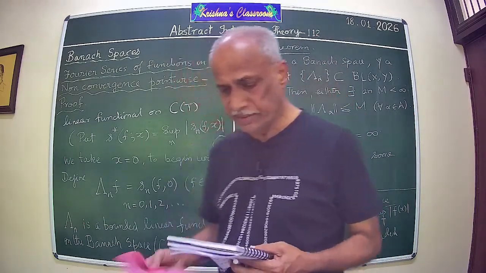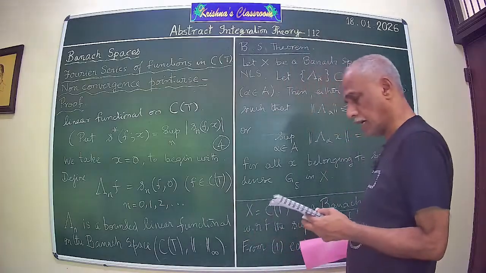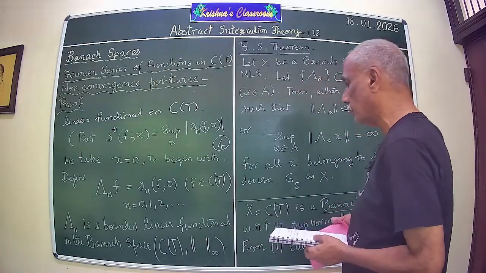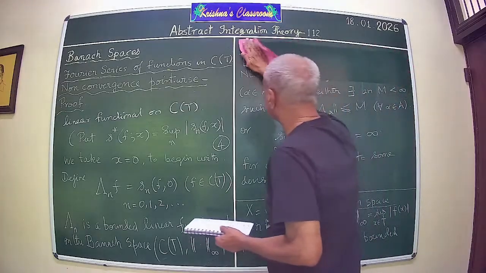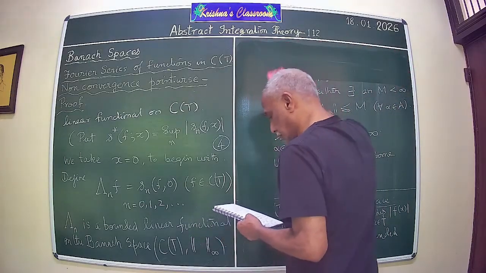Now we estimate, and why it is a bounded linear functional, we will estimate. So what is the definition of lambda n?